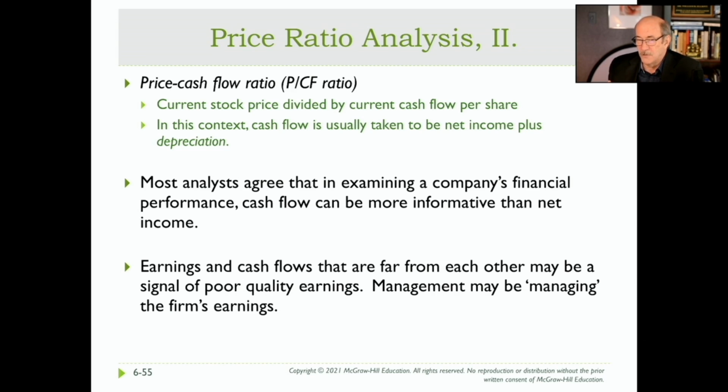So cash flows are less able to be manipulated, and I don't say manipulated in a derogatory sense. They have less flexibility to be changed based upon your interpretation of accounting rules. So price to cash flow is something that we pay a lot of attention to.